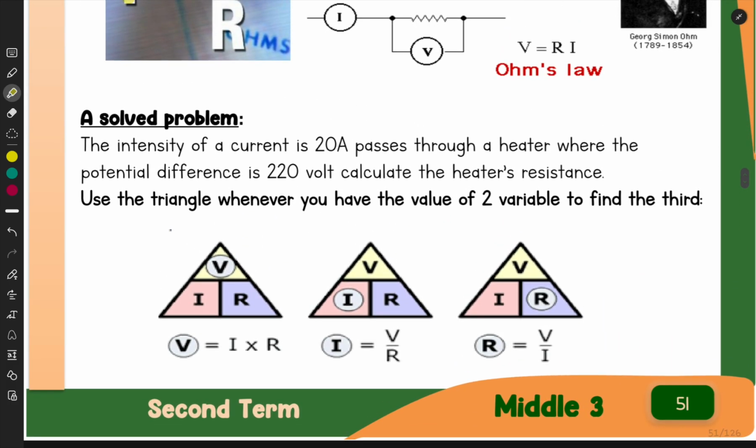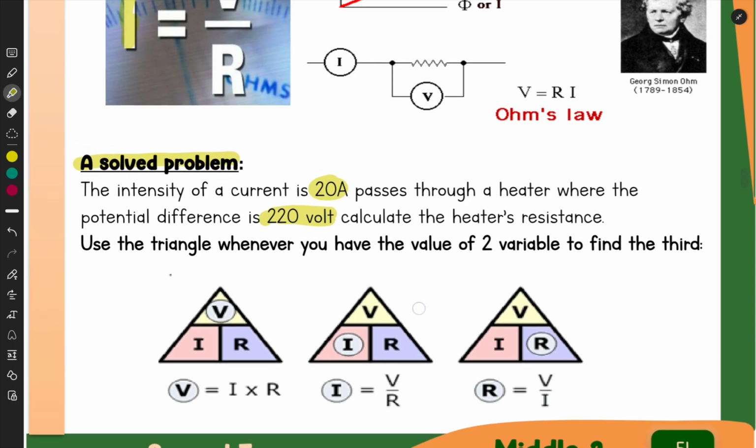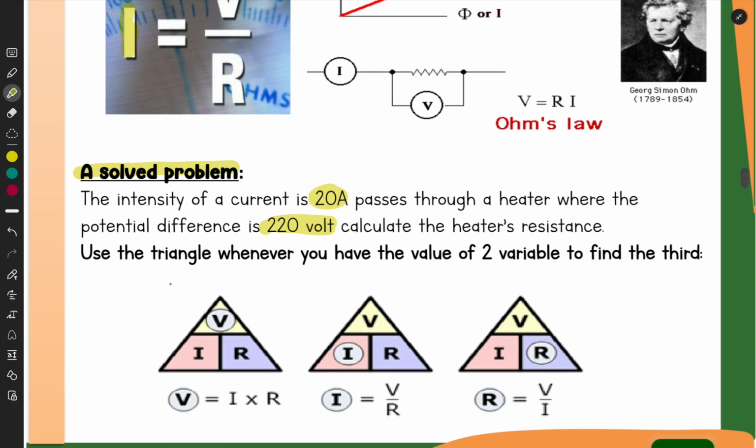At the end, we have a solved problem. A current of intensity 20 amperes passes through a heater where the potential difference is 220 volts. Calculate the heater resistance. We use the triangle whenever we have the values of two variables to find the third.